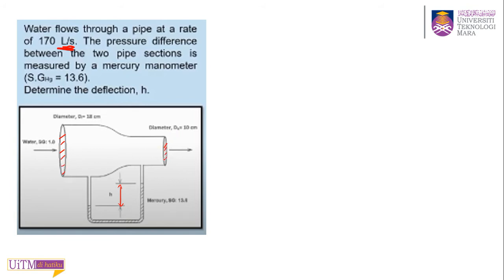So you have your area 1, you have your area 2 as well, because they provide you with the diameter, and you have the rho of the water, and you have the volume flow rate. First you need to change the volume flow rate into meter cube per second. So 170 liter per second. How can you change that into meter cube per second?